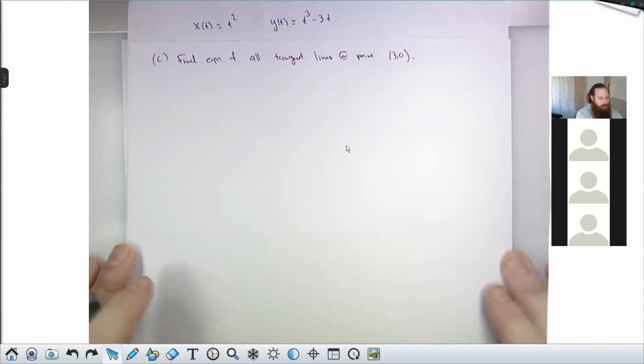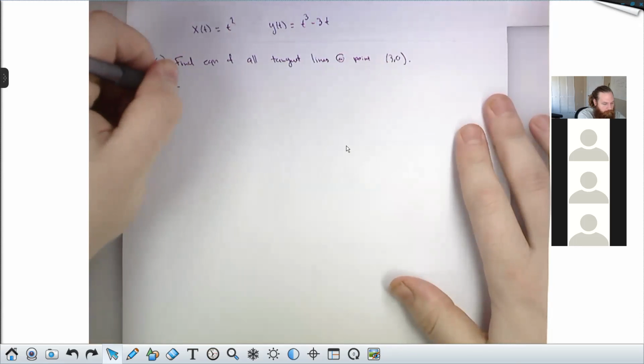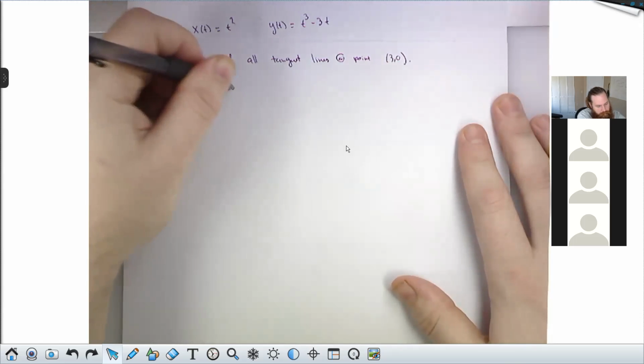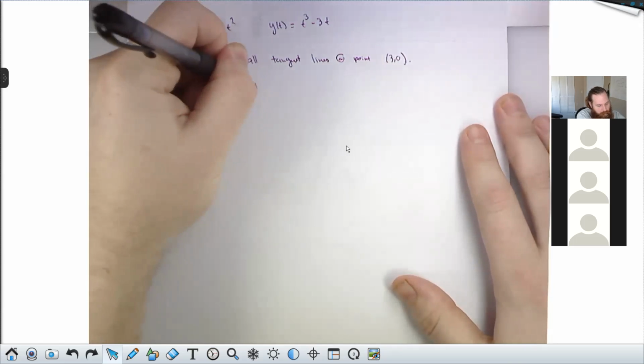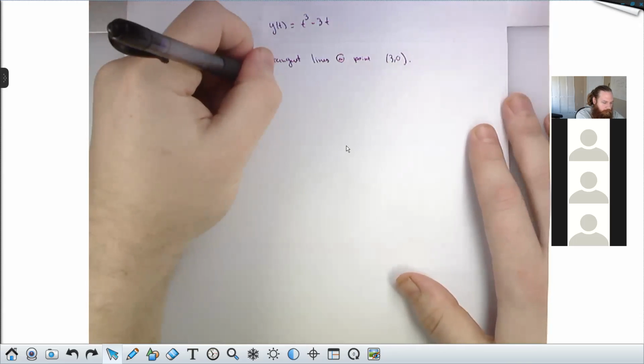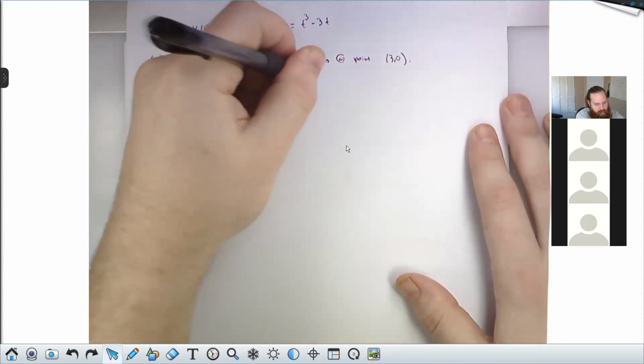And anytime you're asked to find the tangent to a parametric curve at a specific point, you need to begin by finding the t value. In this case, there's more than one, so we're going to find the t values at the point (3, 0).